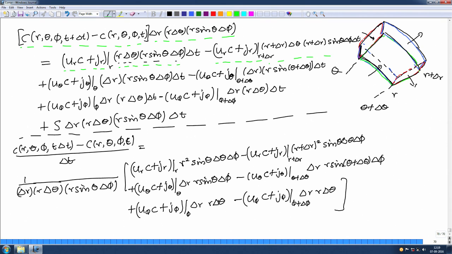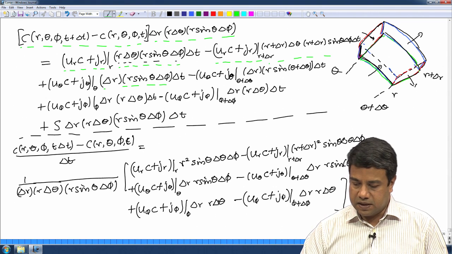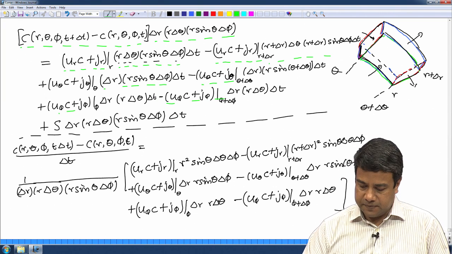And all of these have to be multiplied by delta t to get the change in mass. Similarly, in the theta direction, at theta the flux has to be multiplied by the surface area, the distance in the r direction times the distance in the phi direction, and similarly at theta plus delta theta, and similarly at phi and phi plus delta phi.